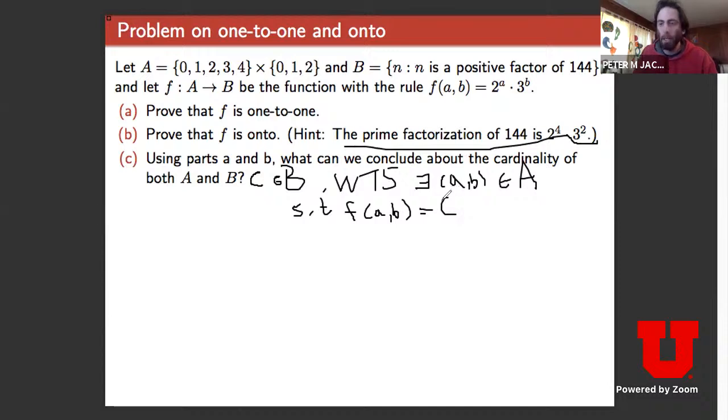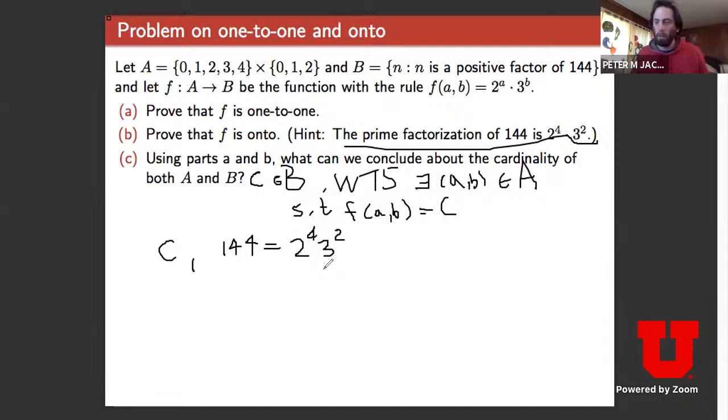So c is a positive factor of 144. And it tells us that 144 is equal to 2 to the 4th times 3 squared.